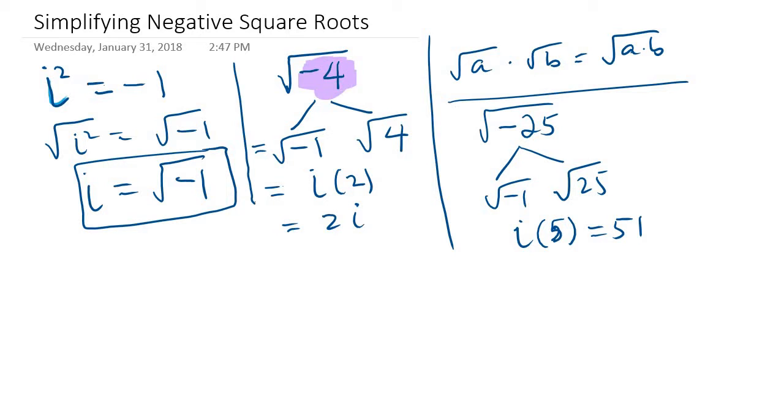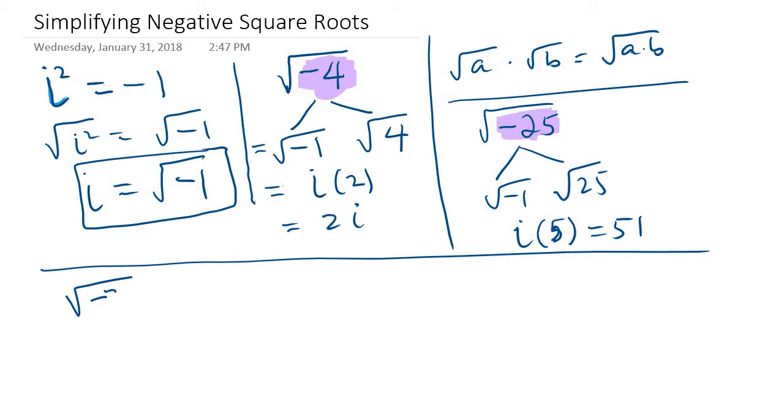These numbers are called perfect squares, but with a negative with them. So you're going to end up with an imaginary number. If I want to do the square root of -36, with the same process I will get 6i, and for the square root of -49, I will get 7i, and so on and so forth.